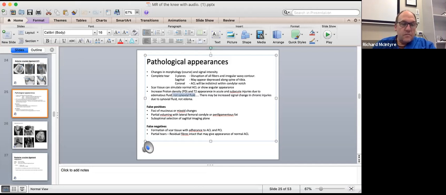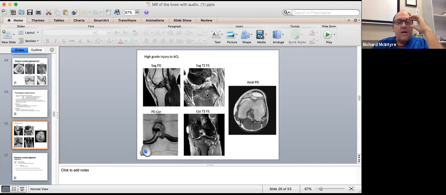Okay, so there's our high-grade injury to the ACL. We can see we don't have a continuity of that ACL. Actually, I lied. That's the ACL there. That's the PCL. We don't have continuity of that ACL.